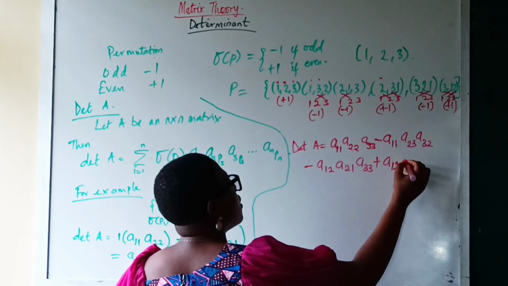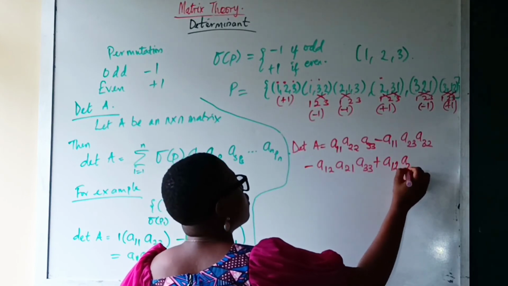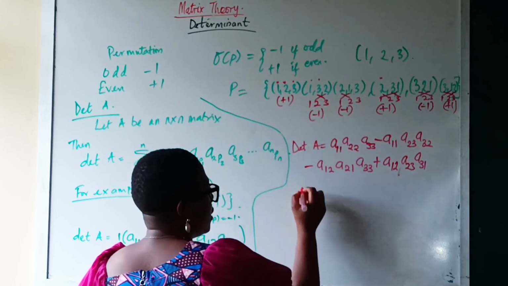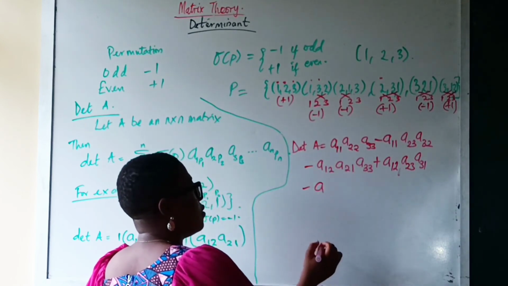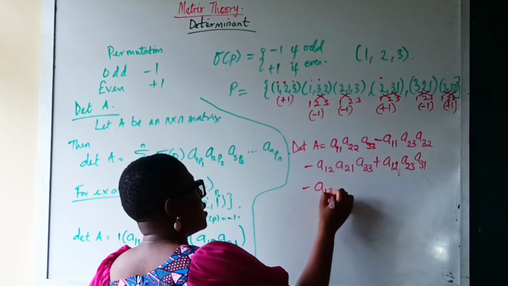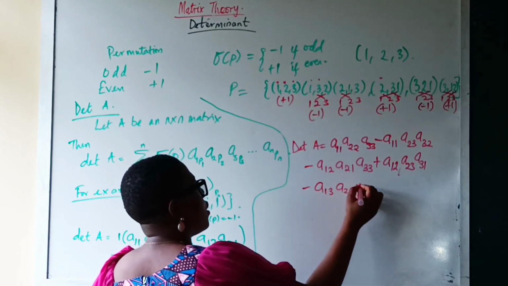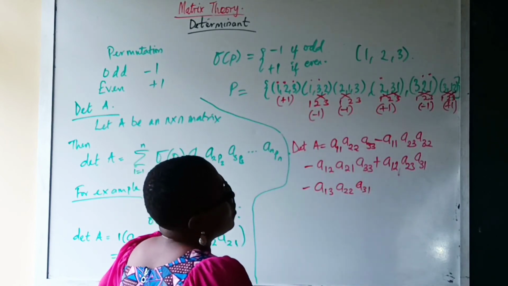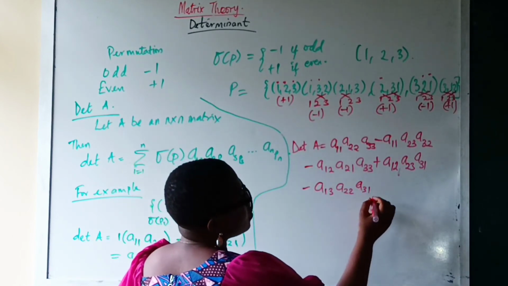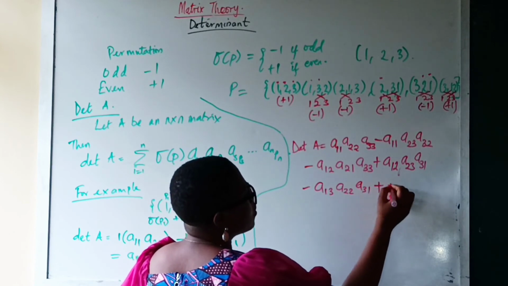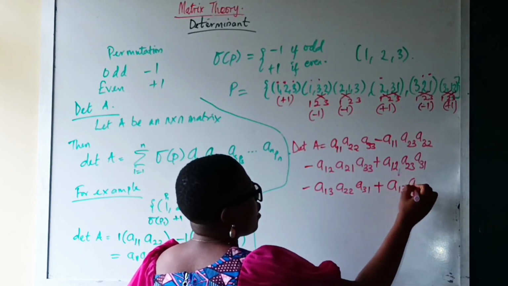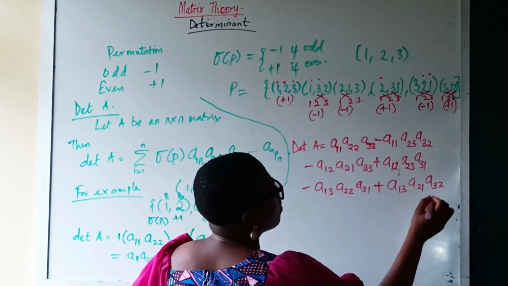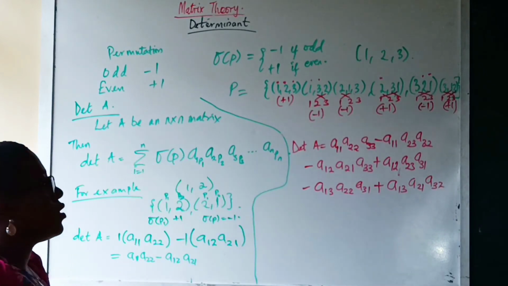Minus A13 A22 A31. And then finally, we have plus A13 A21 A32. And that's the determinant.